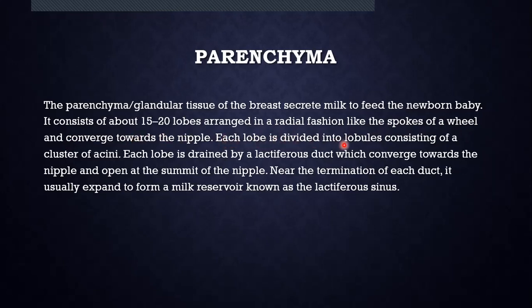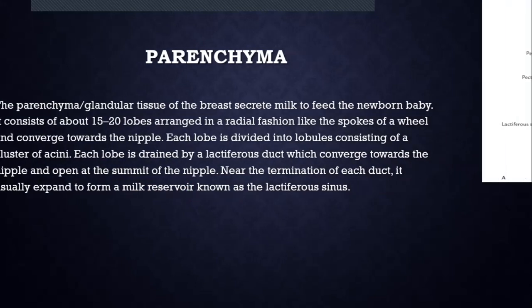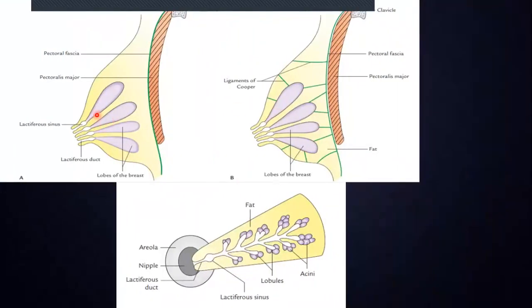Each lobe is divided into lobules consisting of a cluster of acini. Now, each lobe is drained by a lactiferous duct, which converges towards the nipple and opens at the summit of the nipple. Near the termination of each duct, it usually expands to form the lactiferous sinus, which acts as a milk reservoir.